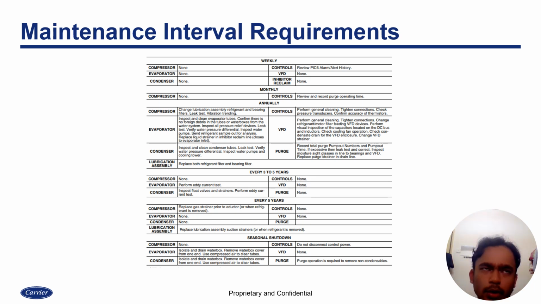Also, it involves the cleaning of the coil. So what I can say is that this is basically the guideline or the timeline for which we must conduct the scheduled maintenance, and also which part is to be maintained at a certain timeline.